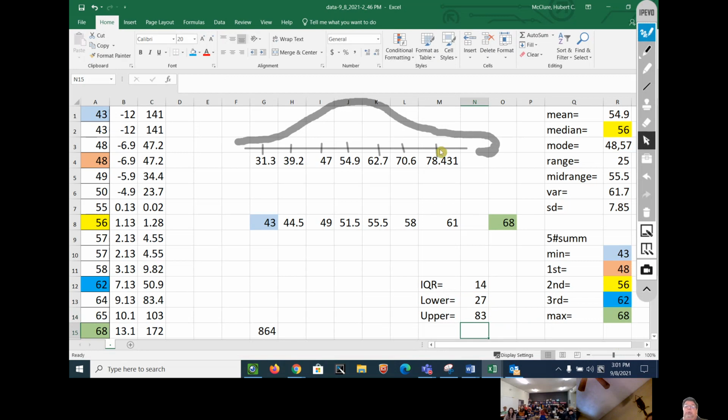And look, our empirical rule says that anything above 78 is an outlier. Anything below 31 is an outlier. This one says anything above 83 is an outlier. Anything below 27 is an outlier. And that's it. I think this is 3.1.